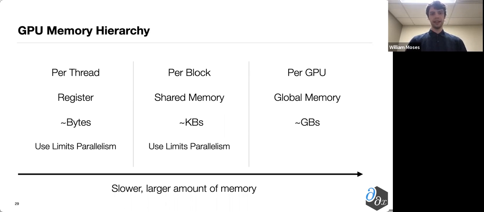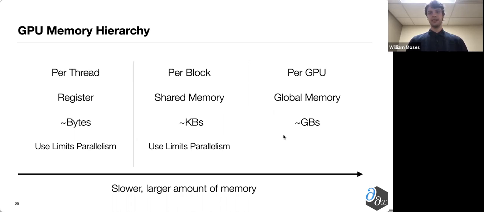They exist per thread, but they're also the fastest possible way you can do computation. The second thing more in the middle here is what's referred to as shared memory. They're shared between blocks. There's, say, orders of kilobytes of these. Similarly to the registers, using too much of this can limit your parallelism. It's slower than a register, but it's still decently performant, and it has a little bit more memory for use.